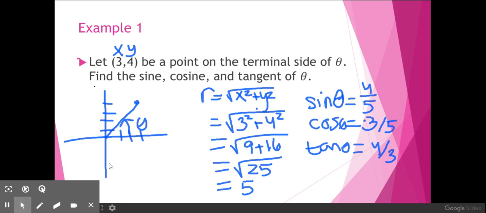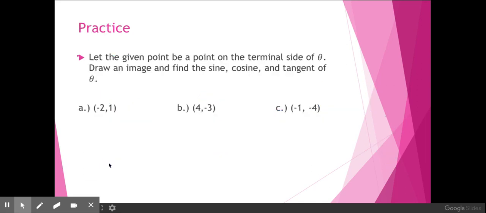That is the basis of how you can solve for sine, cosine, tangent, and the other reciprocal functions using a point. Here I have some extra examples for you to try. This first one I'm going to show for you, and then you can try the others, and I will put up the answers for you. For the first one, if we were to graph that, -2, 1, there is my point, -2, 1.